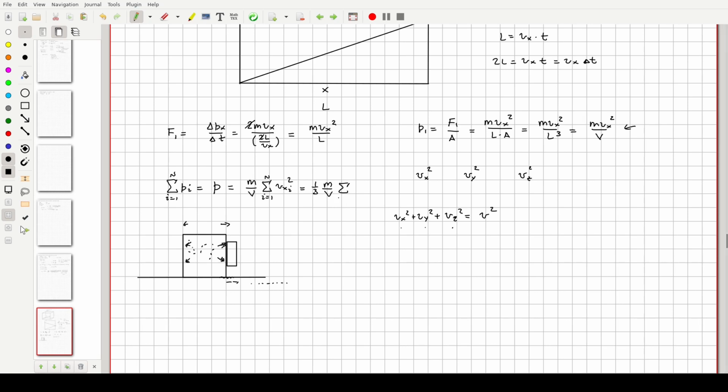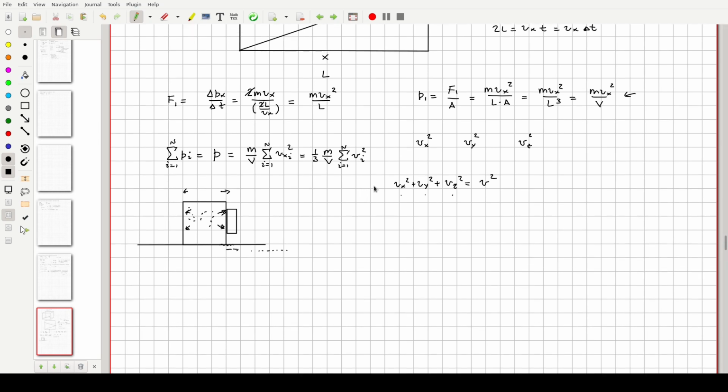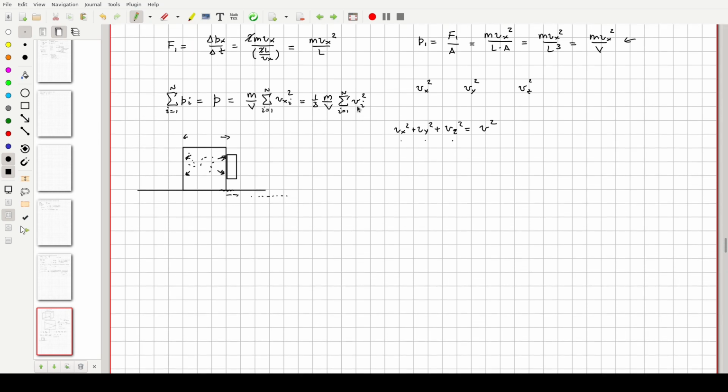Now, instead of summing over just speeds in the x direction, I'm summing over speeds on average in general. Okay? Now, here's what we have so far.